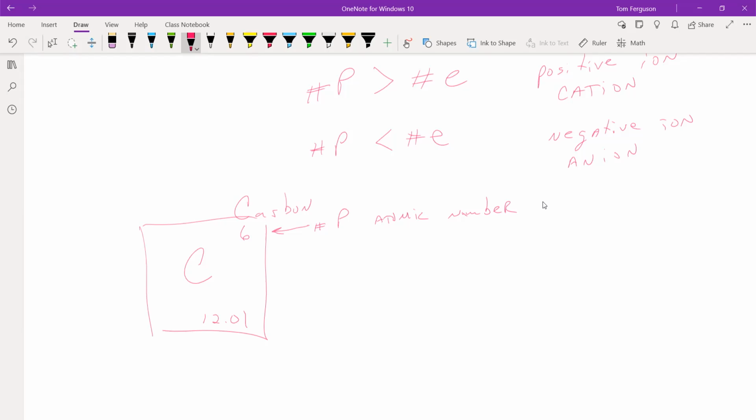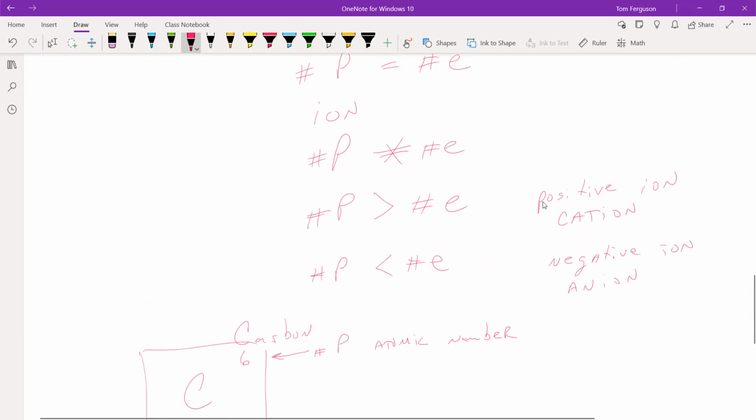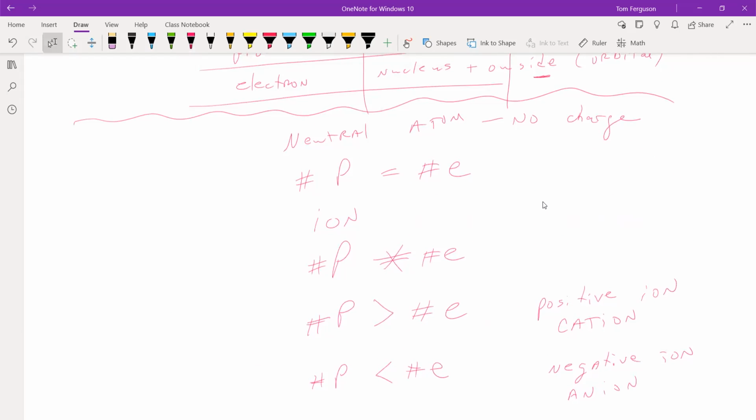Okay, so carbon's got 6 protons. And if we're talking about neutral carbon, how many electrons does it have? Based on the definition up above, you have 6 protons, so how many electrons? 6, because it has to balance, because it's neutral.